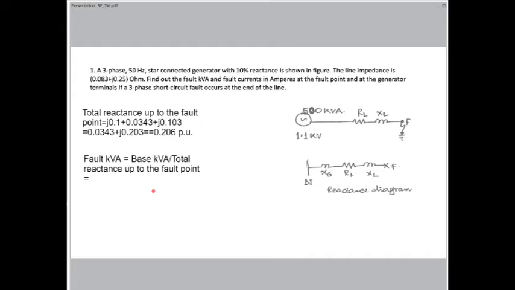We have base kVA as 500 and total reactance up to the fault point as 0.206. We can find out the fault kVA. What value should it be? Tell me the answer quickly.